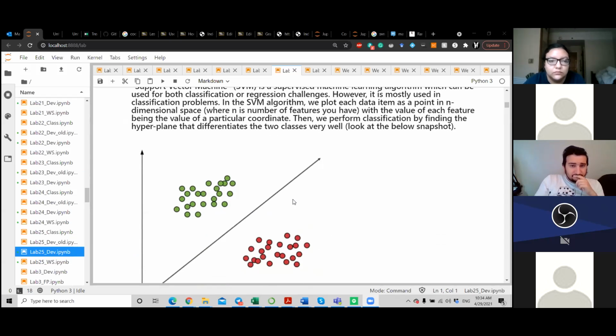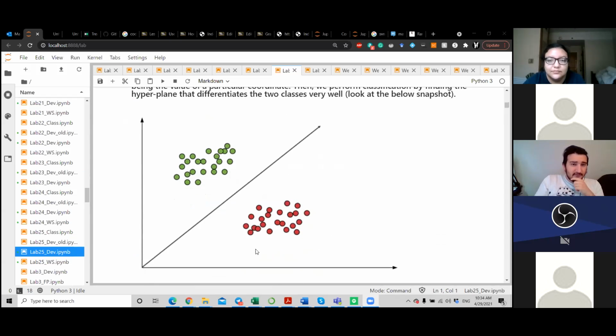Now, in an example like this, we are looking at a problem that has how many input features? 2. 2, exactly. We are plotting one of them on the x-axis, the other one on the y-axis, and we get a bunch of points. What do you think the colors are telling us?